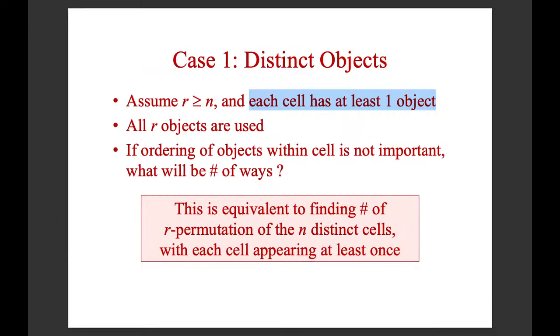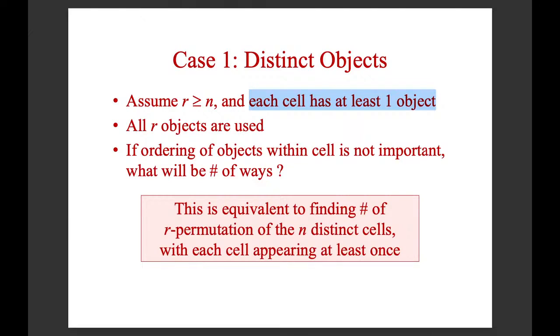So the number of arrangements: we can get the EGF for each label. The EGF for label 1 will be e to the power x minus 1, the EGF for label 2 will also be e to the power x minus 1, and so on. So we get the EGF for each label so that we can get the EGF of the whole system. The desired answer will be the coefficient of x to the power r, multiplied back with r factorial.